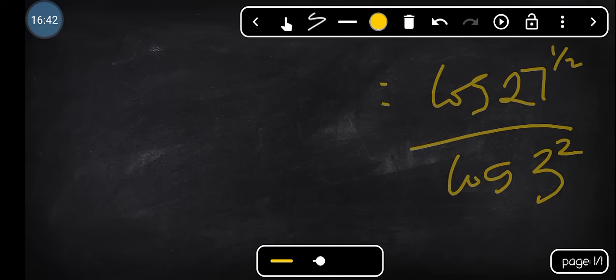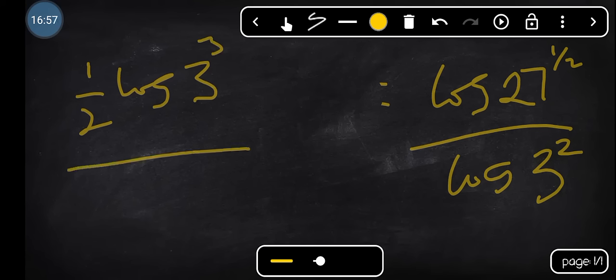One of the laws says that if the logarithm has a power, it can multiply the log. So you can have half log 27. What is 27? 3 raised to power 3. Is that not so? 3 times 3 is 9, 9 times 3 is 27. That is 3 raised to power 3.